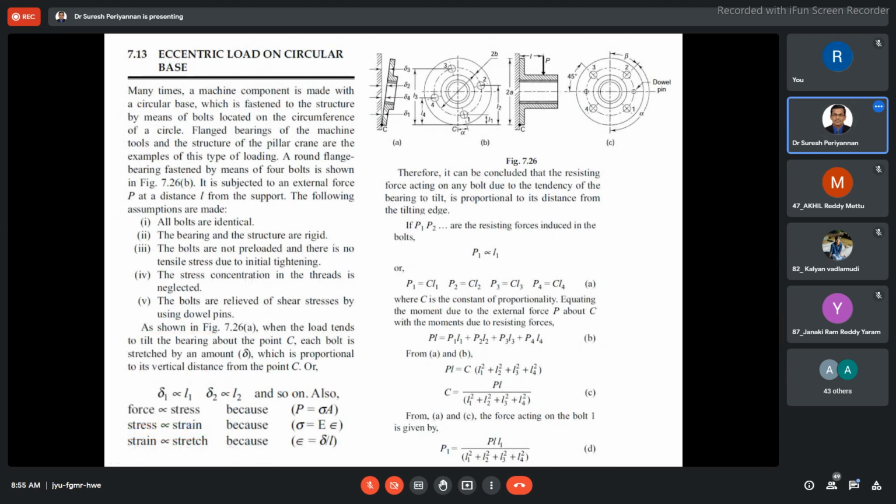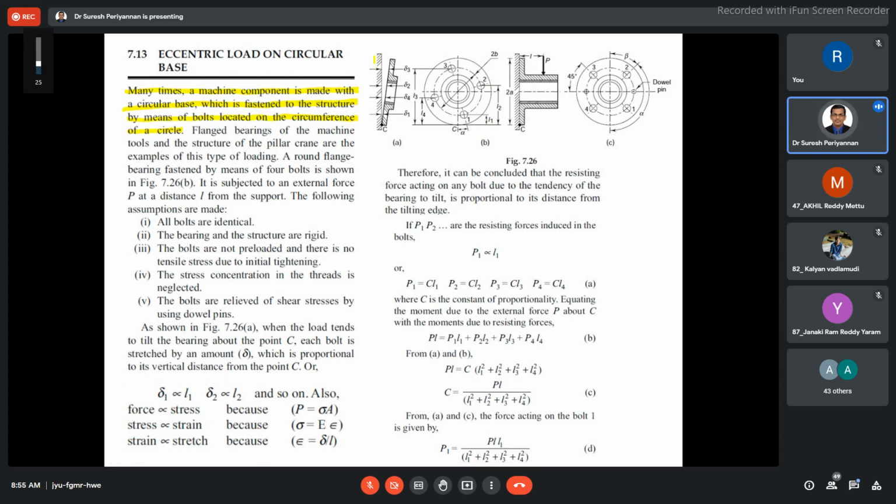Many times a machine component is made with a circular base, which is fastened to the structure by means of bolts located on the circumference of the circle. Here we are using something like a circular flange.